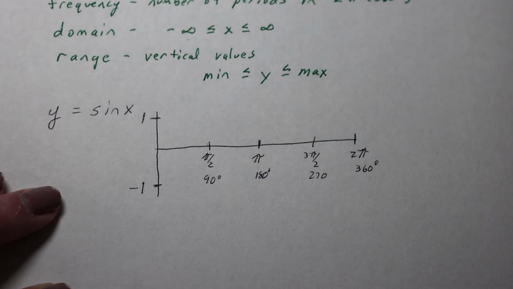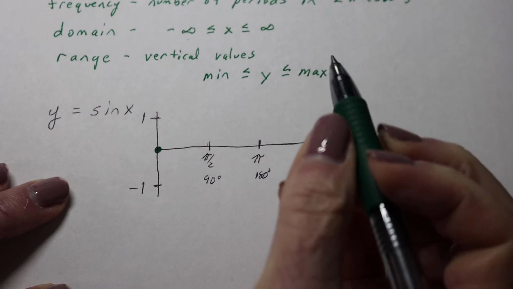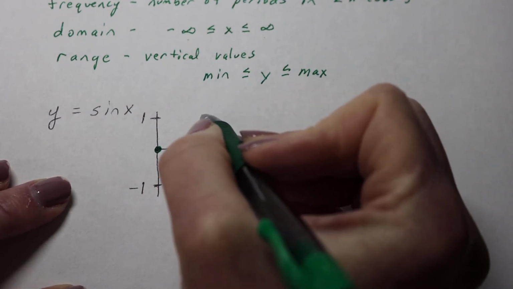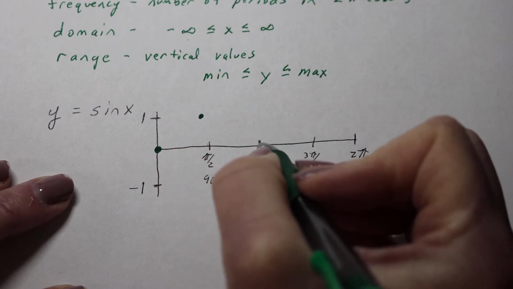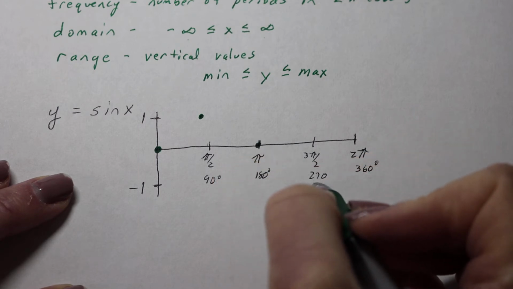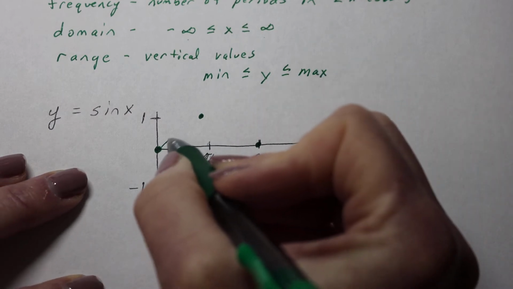The sine graph always begins at 0, 0. It reaches a high at 90 degrees, comes back to the x-axis at pi, reaches its minimum at 3 pi over 2, and then comes back again to that x-axis.